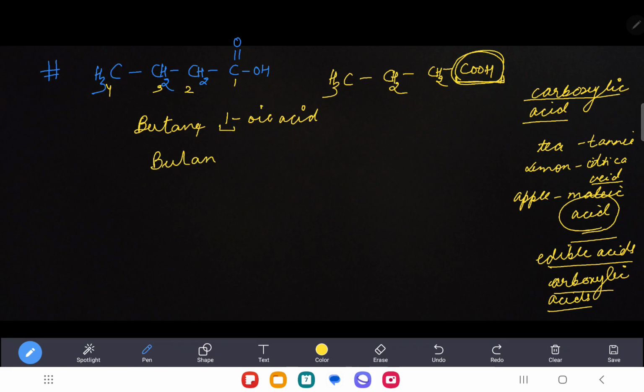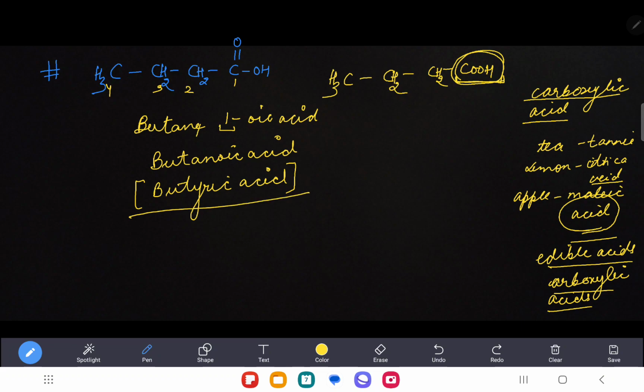So we can straight away write down butanoic acid. And the common name for butanoic acid is butyric acid. Are you understanding? Okay, so this is how this is going to be.